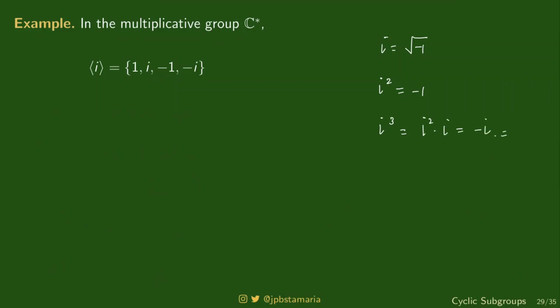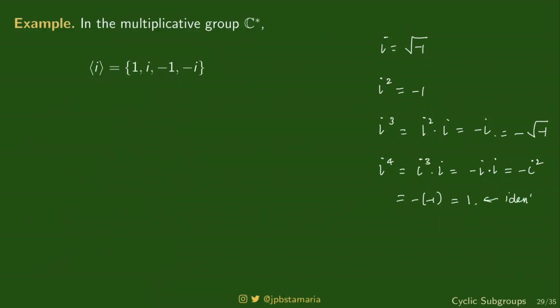If you take i to the fourth, what do you get? This is i cubed times i, so this is minus i times i, minus i squared, that's 1. In other words, bumalik ka na ng identity.